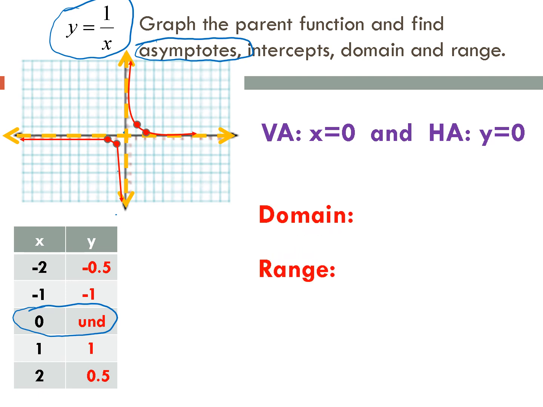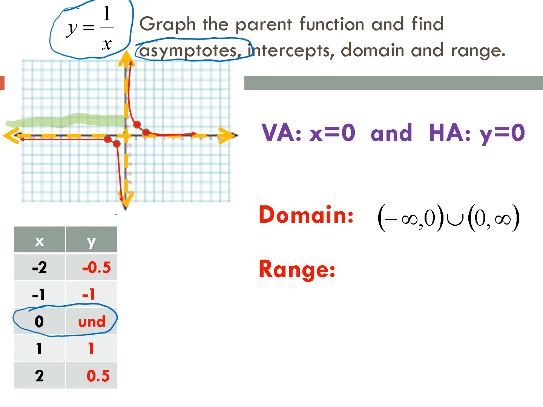Now, let's talk about domain and range. As my domain comes from negative infinity, it's going to go, go, go, and then it's going to hit that brick wall at 0. Then it's going to pick up on the other side of 0, and then it's going to keep going. So we can see that my domain goes from negative infinity to 0, and then it picks back up at 0 and keeps going to infinity.